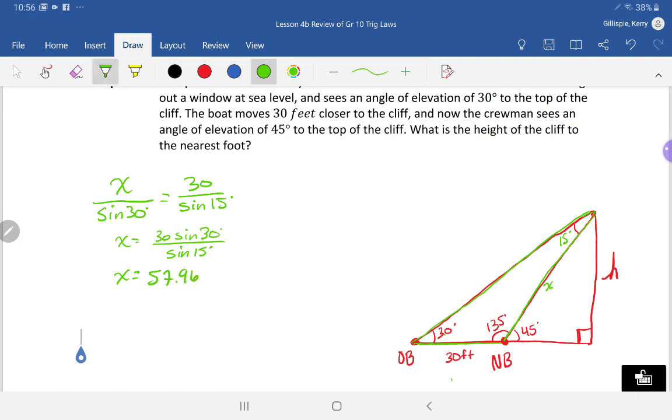So we now know 57.96, and because this second triangle here is a right triangle, we can use SOHCAHTOA to solve for height. So this is the opposite side. And we just figured out the hypotenuse.